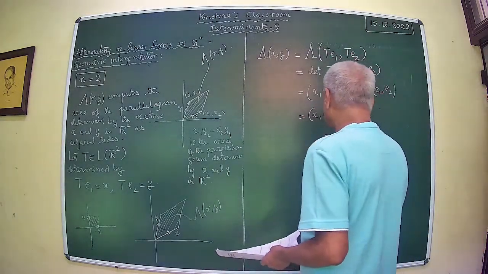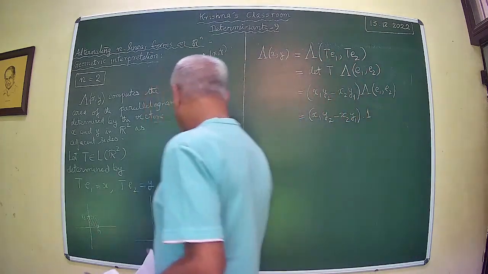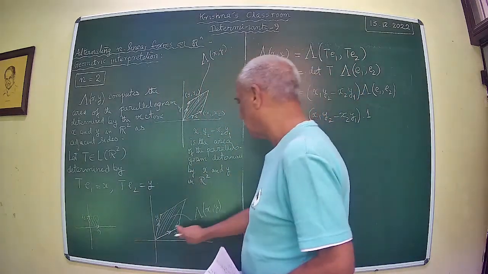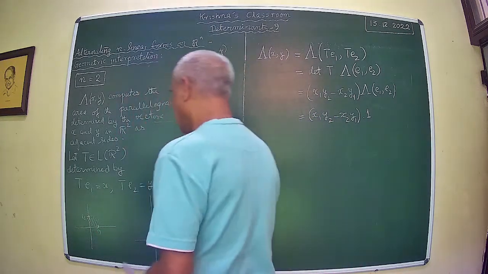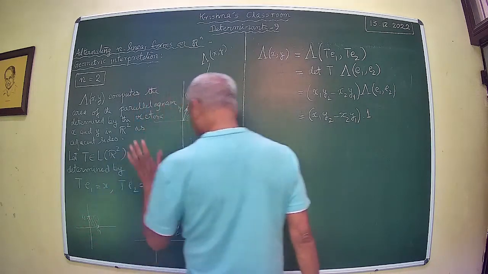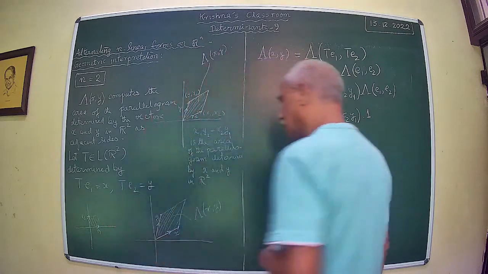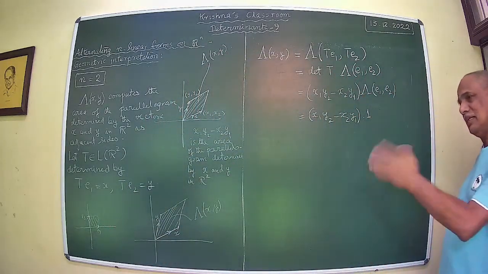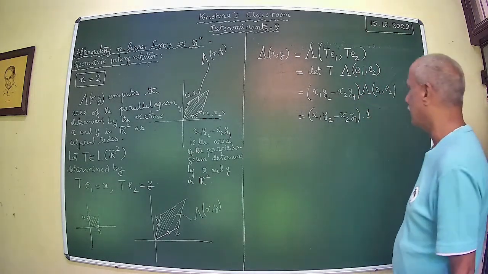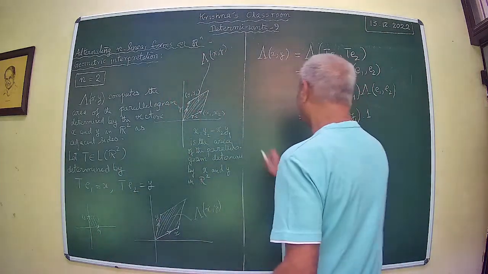So this multiplying factor or the scaling factor of this area is given by lambda of X, Y. Lambda of X, Y actually corresponds to the scaling factor of how this unit square is getting mapped under the map TE1 equal to x, TE2 equal to y. This is the interpretation of lambda of X, Y, which is essentially the determinant of T. Okay. So that's the interpretation of the determinant. Okay. This is interesting.